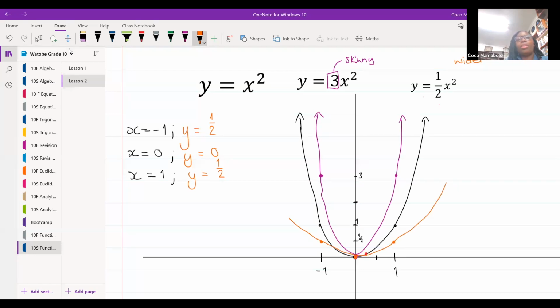All right, so now this graph over here looks like that. Yes, go. Okay, ma'am. You see here when they say 1 over 2. Yes.